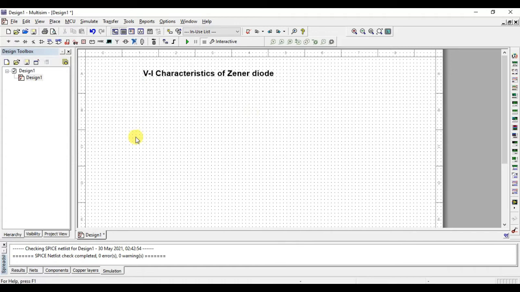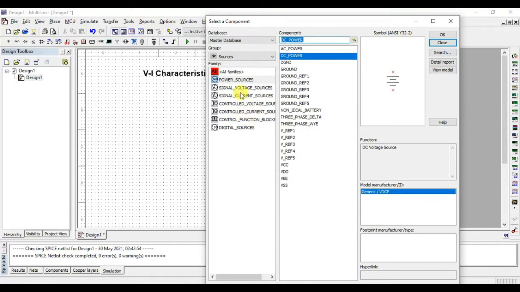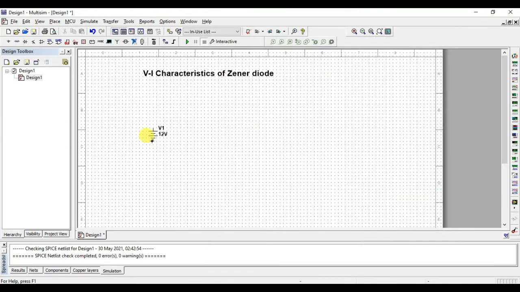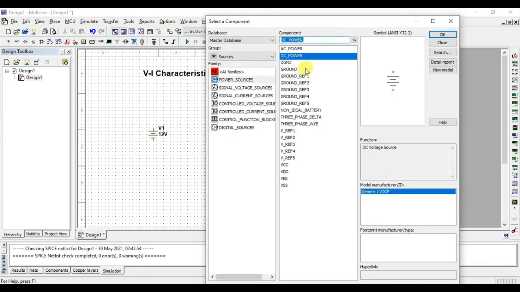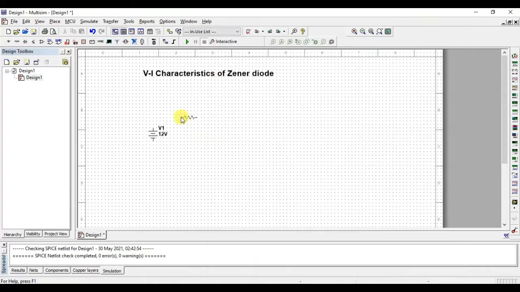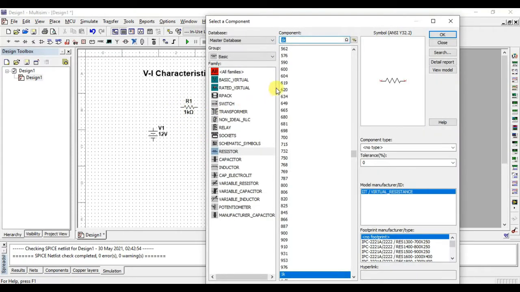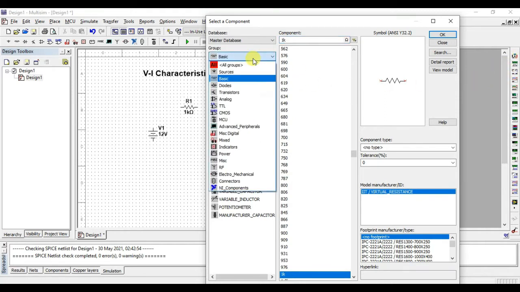The components required for this are, first of all, a power supply. Simply take this one as a DC power supply. Next one, resistor. Next one, ammeter. So we will take an ammeter later. Diode, Zener diode.